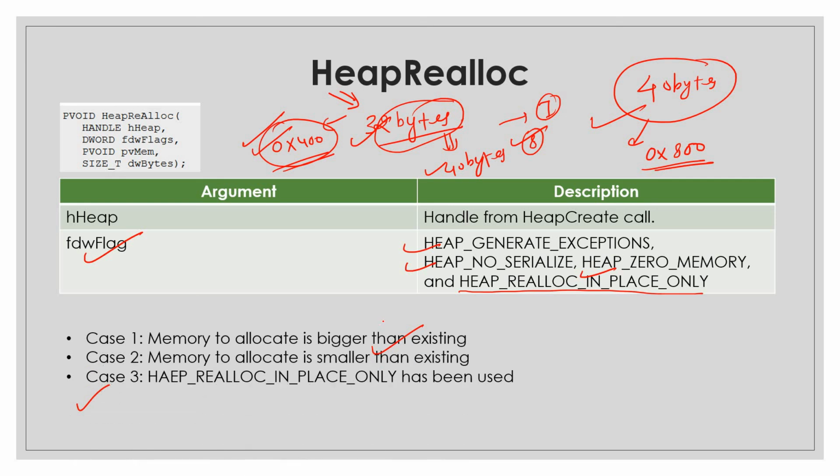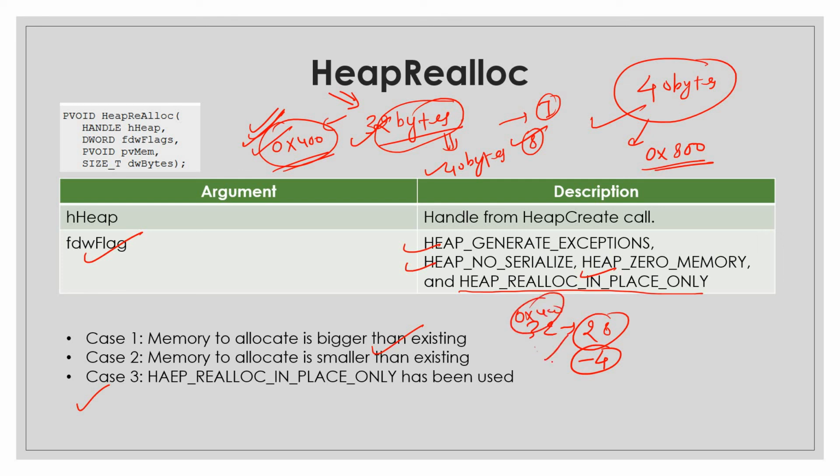Then we have case 2, which is very simple. Case 2 says that the memory you want after the reallocation is smaller than the existing one. In that case, the existing address will be returned, because if you are going to make it from 32 to 28 bytes, for example, you need to remove 4 bytes, which can easily be done at the same address.